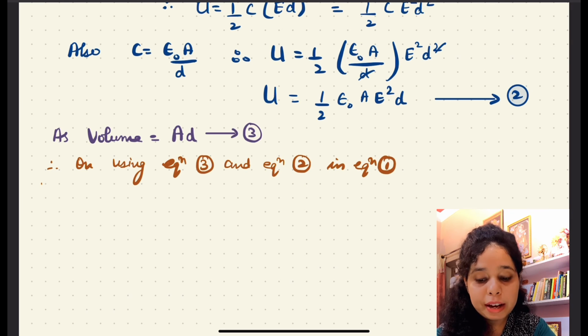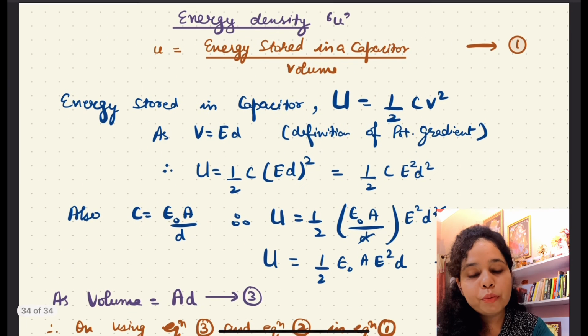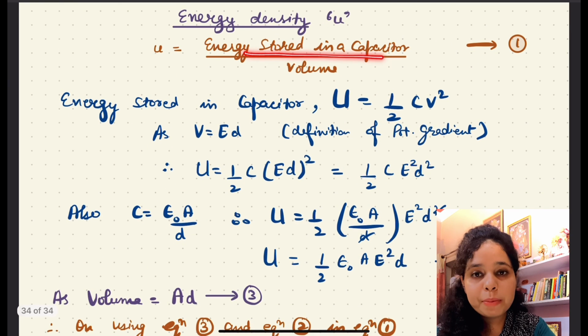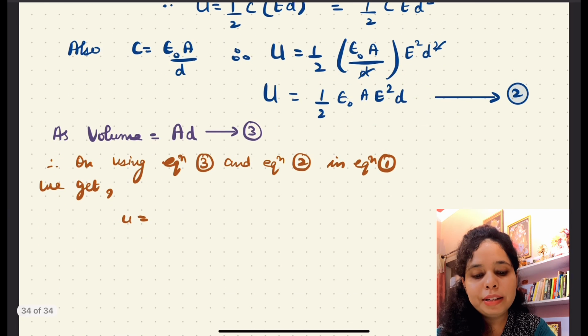Now we will be having small u, that is energy density, is equal to, just look at equation number 1 once again, energy stored in a capacitor, which we have calculated, half epsilon naught A E square D, divided by volume.